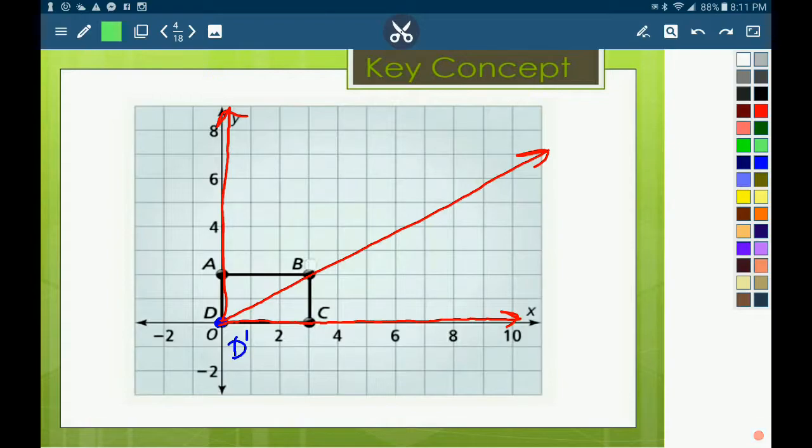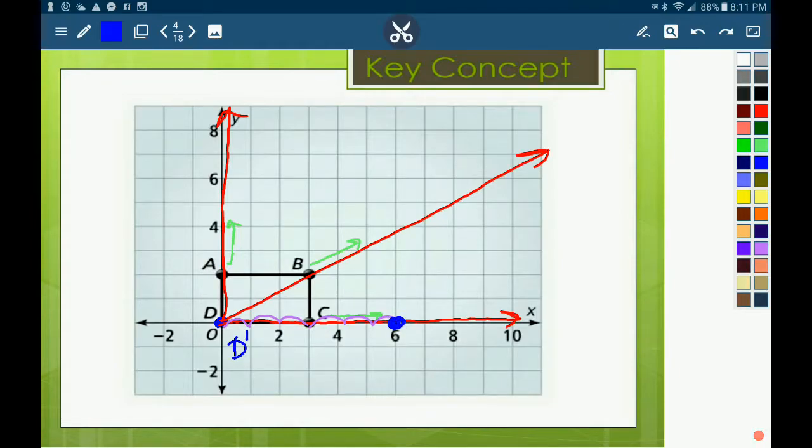B is going to be moving in this direction, C is going to be moving in that direction, A is going to be moving in that direction along the red lines to be double the distance. Well, C is 3 units away. You can count that. Okay, 1, 2, 3 units away from the center. So if you count another 3, 1, 2, 3, you've just doubled the distance it is away from that center.